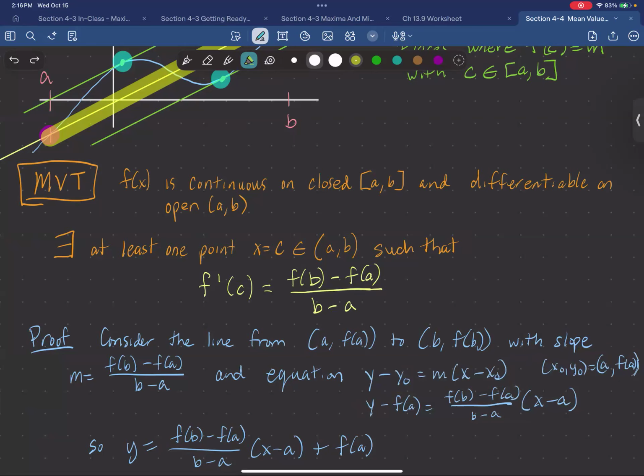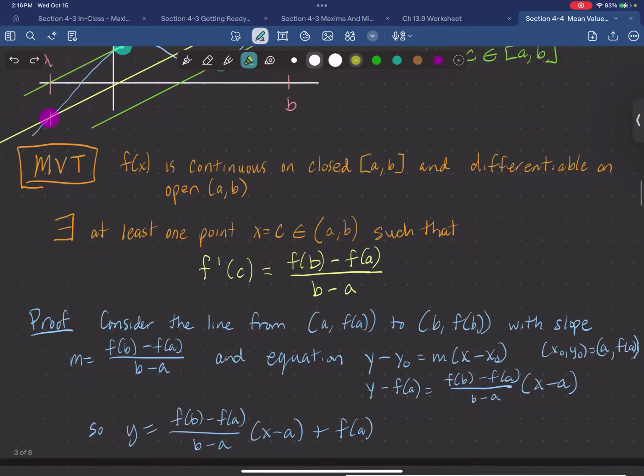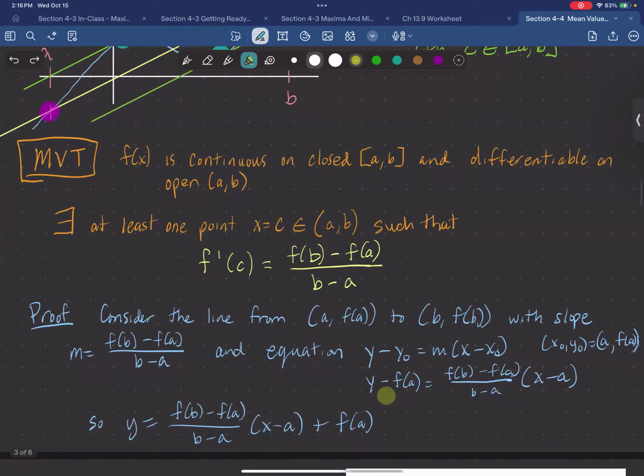So I solve for y. I've got y equals f of b minus f of a over b minus a. That's just a big fat m right there. Big fat m. This is like my x minus x naught. And this is my y naught.